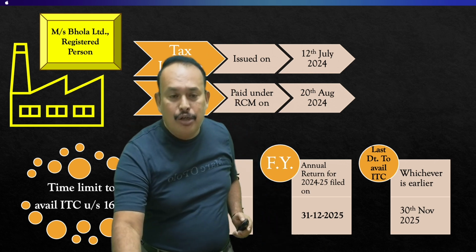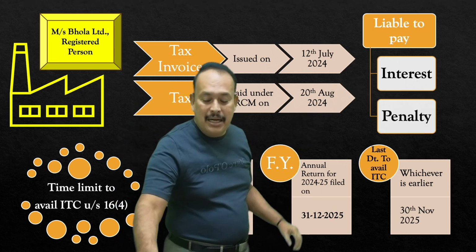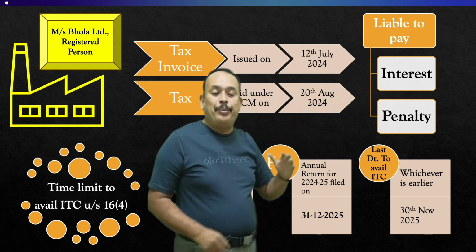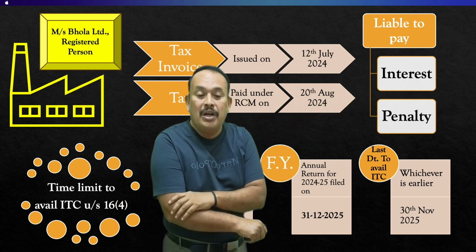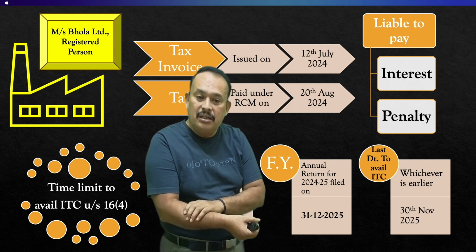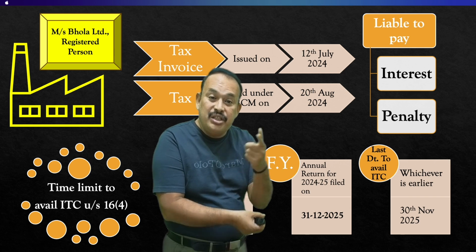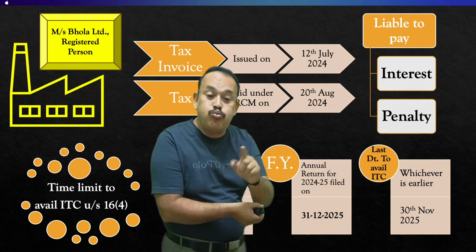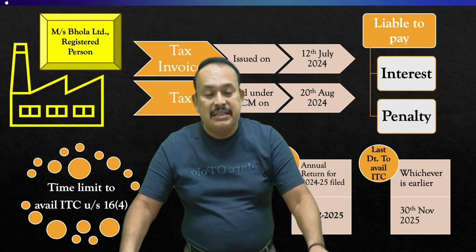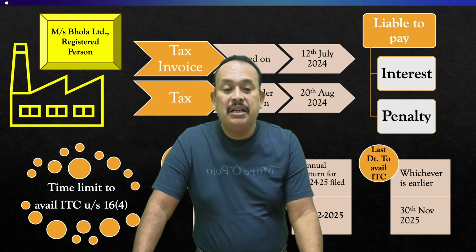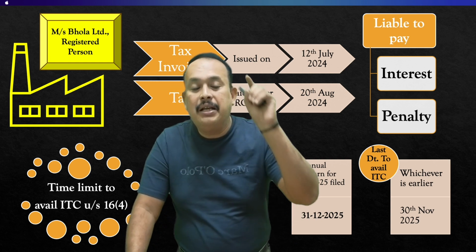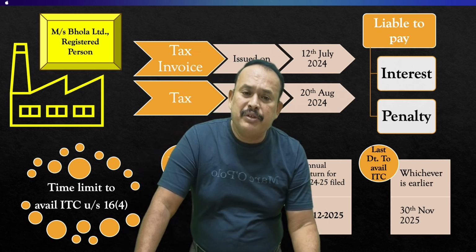In addition, penalty is also liable under section 122 subsection 3, clause E, where the invoice is not issued or accounted in accordance with the CGST provisions.